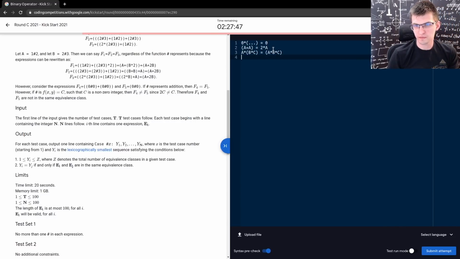Generally, any kind of addition should be turned to 2 times A. What about this? 2 times A plus 3 times A. You need to understand that this is same as 5 times A.